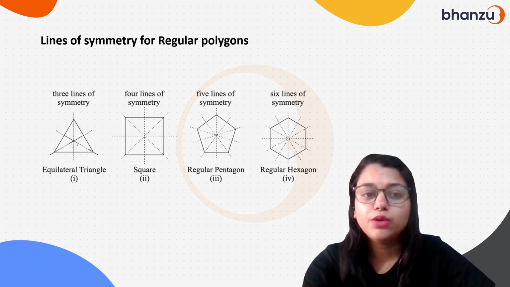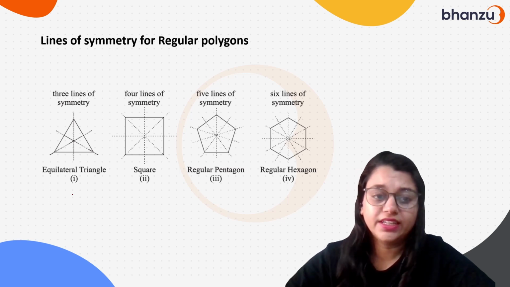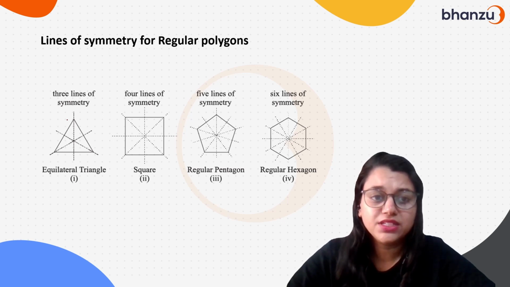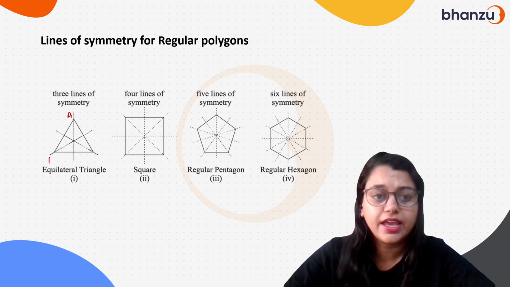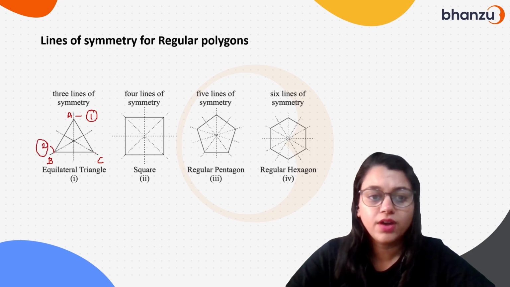In the case of an equilateral triangle, we have 3 lines of symmetry passing through each vertex. As you can see here, if we name this equilateral triangle A, B and C, you can see, students, there are 3 lines passing through each of the vertices: 1, 2, and this is the third one, right?